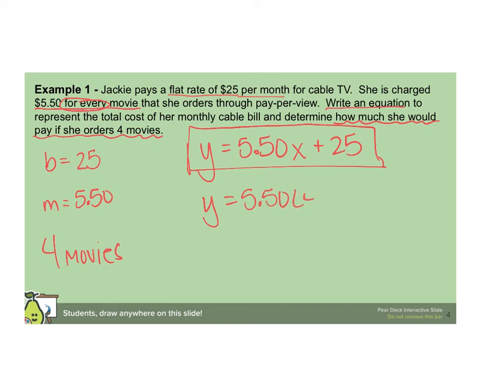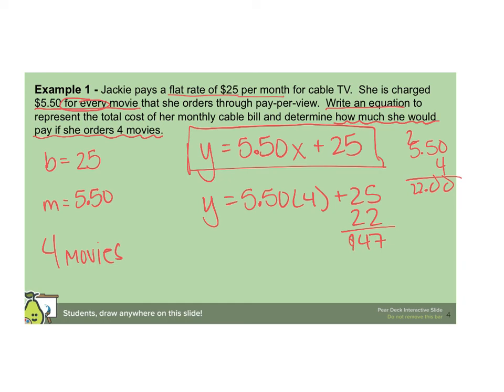So this will tell us how much she pays, and I need to write it vertically. So it's an extra $22 added to the 25. So her bill will be $47 if she orders 4 movies.